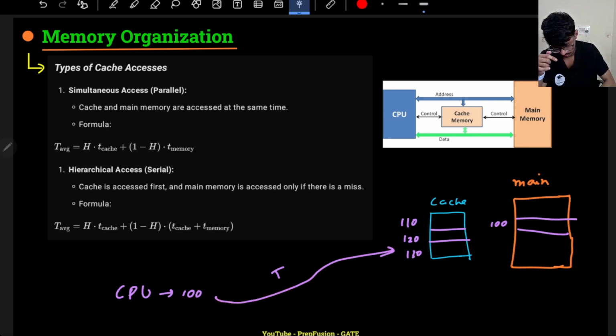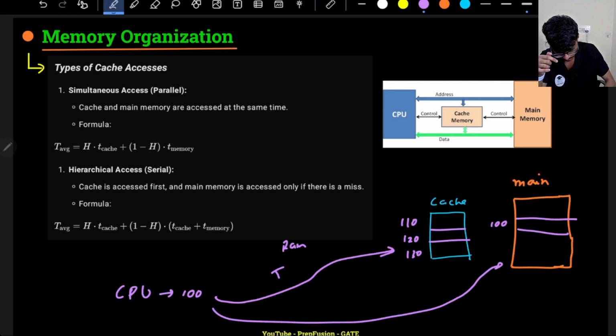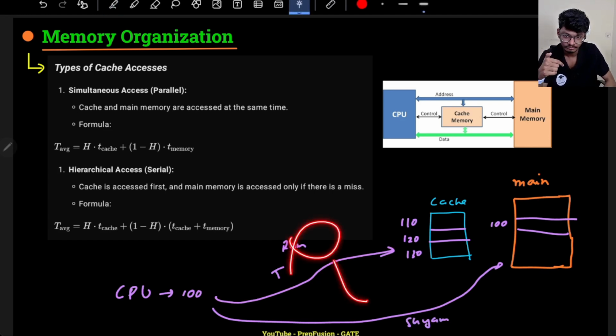Like there are two guys, one is Ram and the other is Sam. So Ram tells Sam that I went to cache, but cache does not have the data at address 100, so please bring the data, I don't have it.